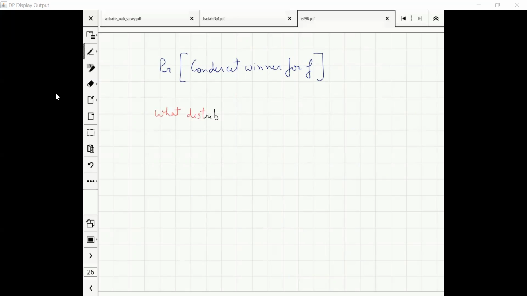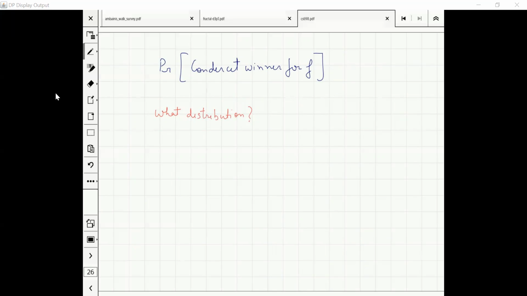Do you want to guess? All the valid inputs, exactly. Very good. All the valid inputs, uniformly over all. More than that, I will say that every row is picked uniformly over all valid inputs of NAE.